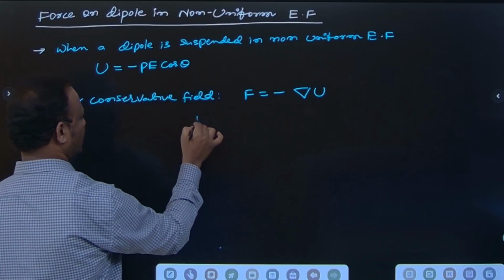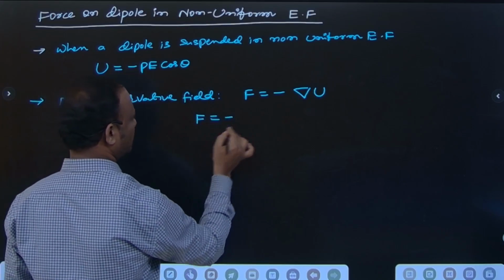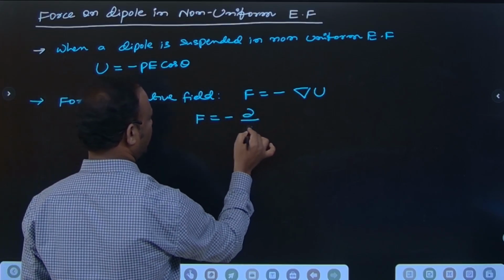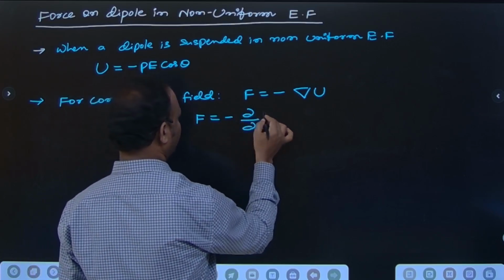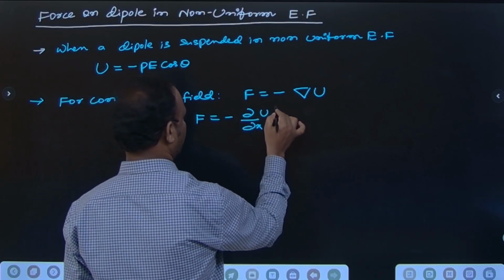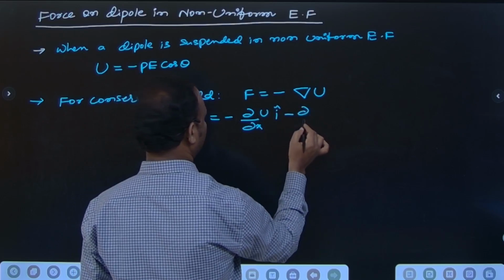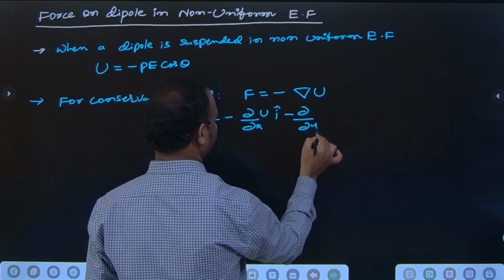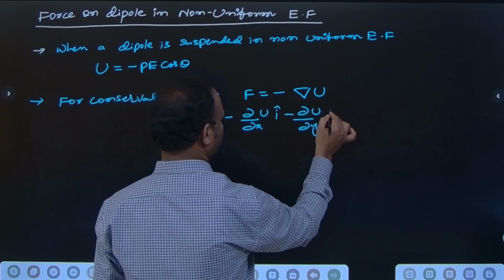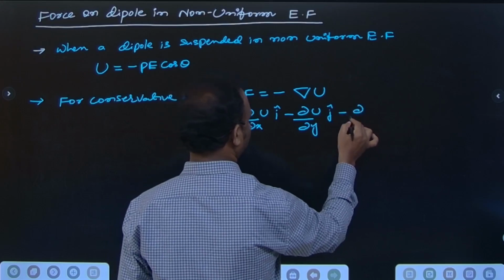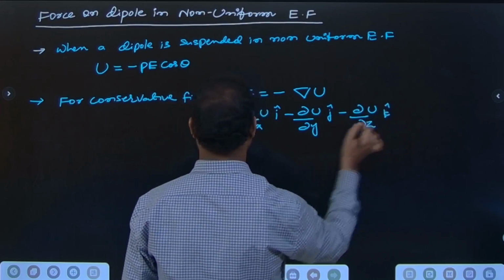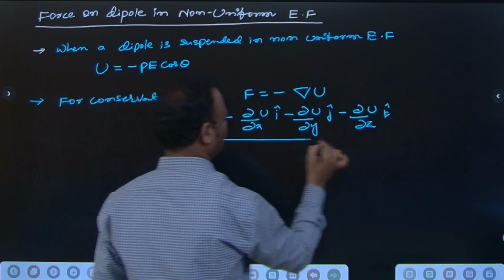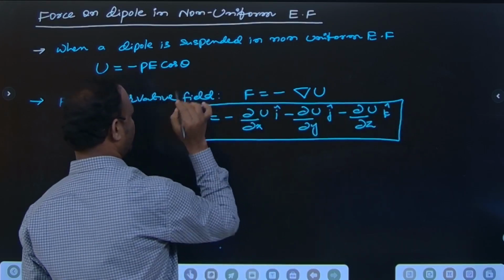So F is equal to minus dou by dou x of U i cap, minus dou by dou y of U j cap, minus dou by dou z of U k cap. So this is the total force.